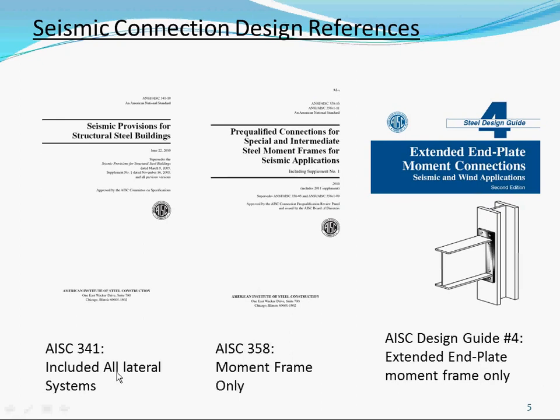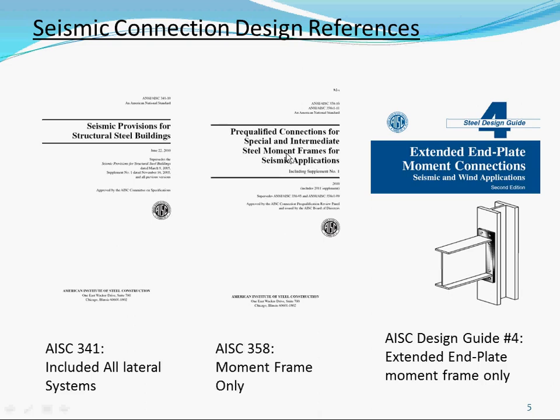However, 341 also covers other systems, not just the moment frame, but also brace frame, eccentric brace frame, buckling restraint brace frame. So all the steel lateral systems and steel shear walls are covered in the 341.